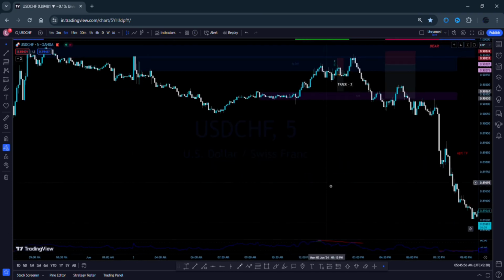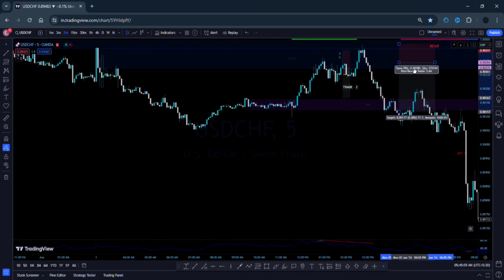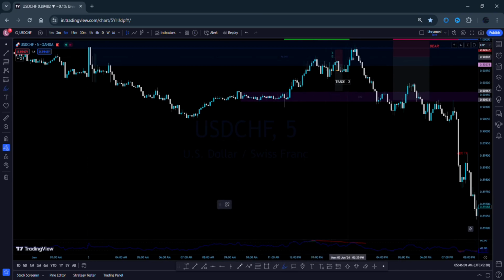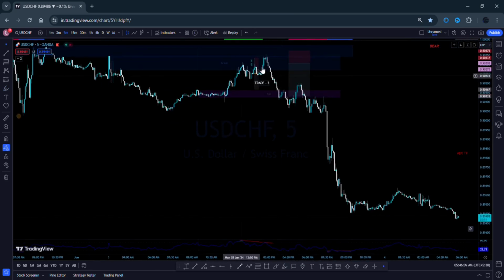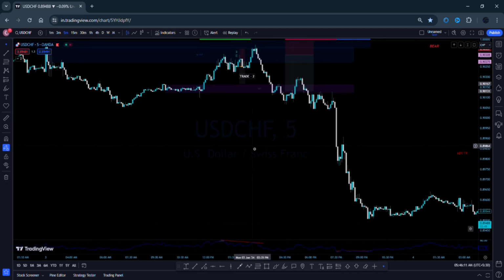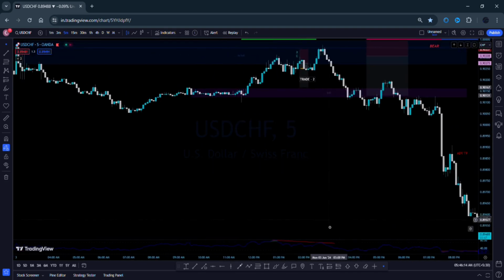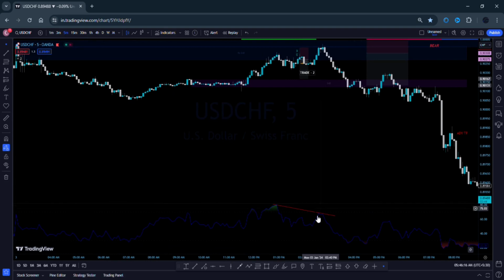Another time it gave me what I was looking for. After this huge fall, price comes here, then I would see some entry here, then I would take the trade. I had a bearish bias and this played out, but without my entry. Yeah, I have used this RSI.